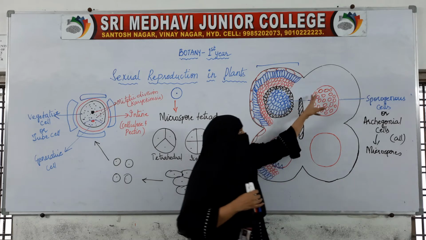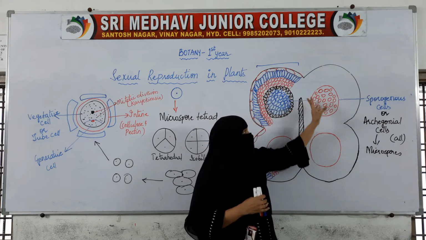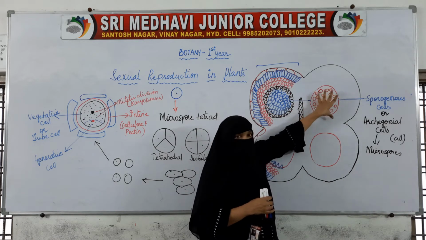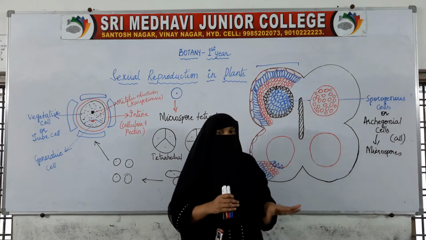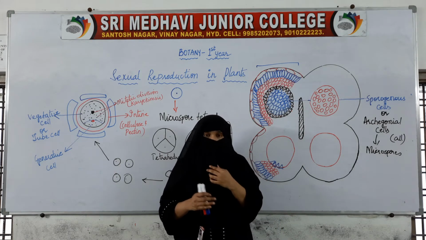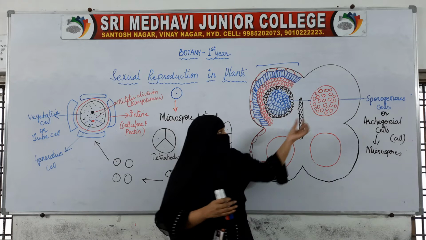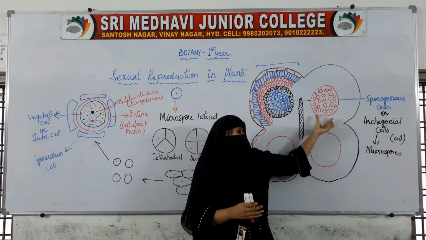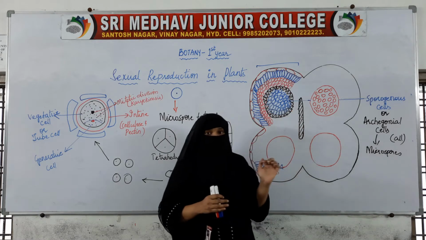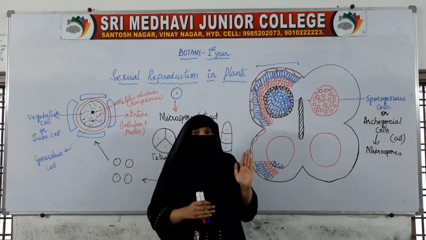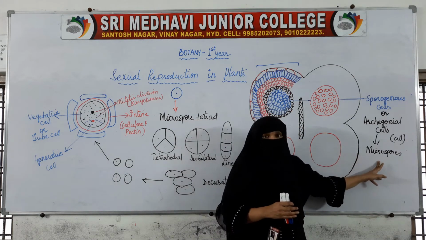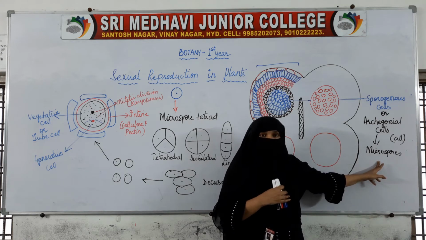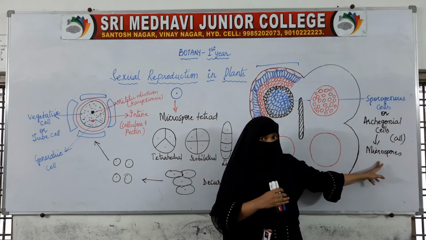Whatever the number, for your convenience, if we have 15 sporogenous cells in this microsporangium, then all 15 cells are capable of producing microspores.